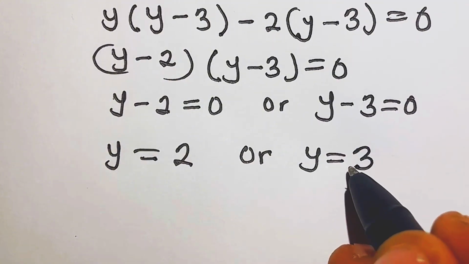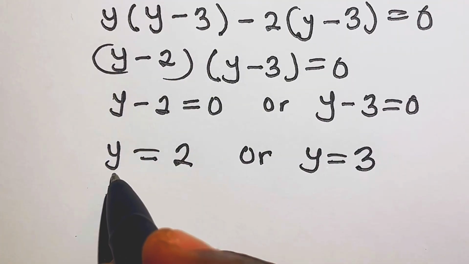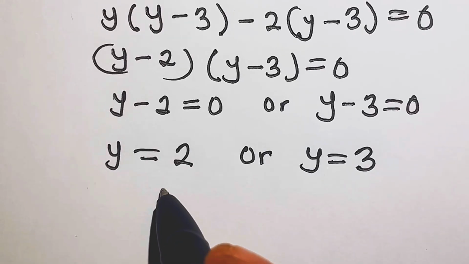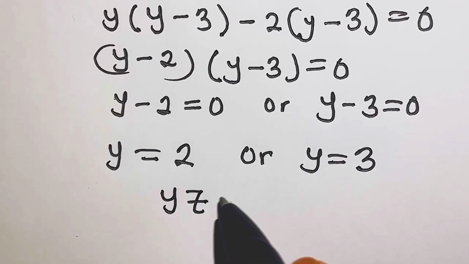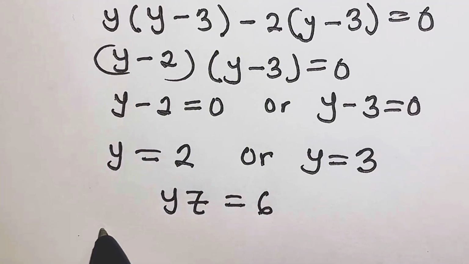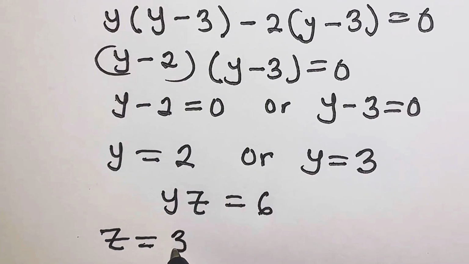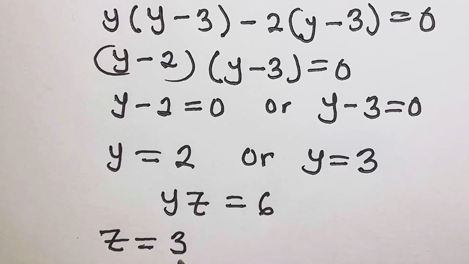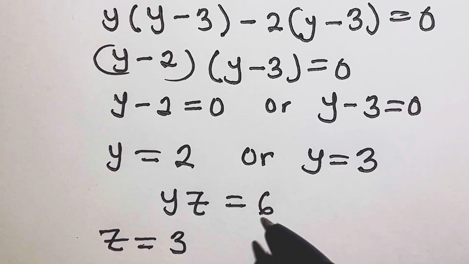But let's recall that if y equals 2 here, our yz equals 6. So if y equals 2 here, what will be left here? Our z will be 3. So that y times z will give us 2 times 3, and that will give us 6, right?